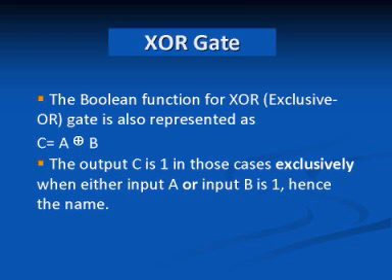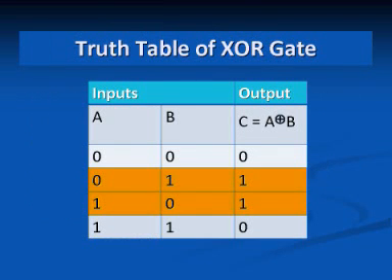Next is an exclusive OR, that is XOR gate. The Boolean function for XOR gate is also represented as C equals A XOR B. The output C is 1 in those cases exclusively when either input A or input B is 1. Hence the name. The truth table for XOR gate for two inputs A and B reads like this.